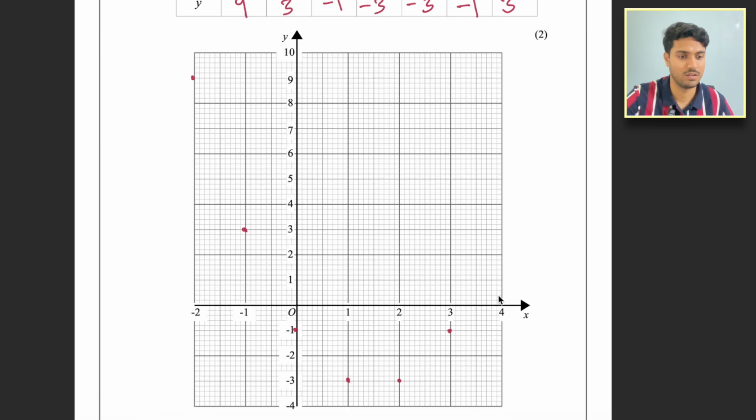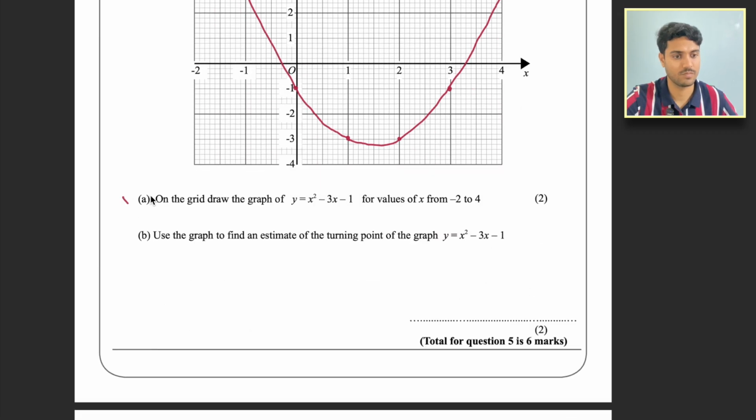Sorry, it's here. And at 4 it is 3. So the graph will look like this. The first part is done.